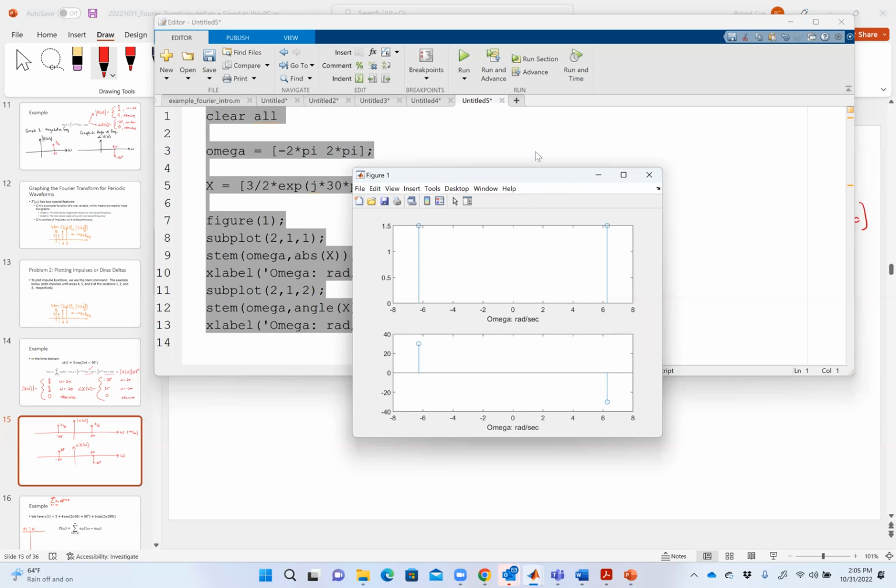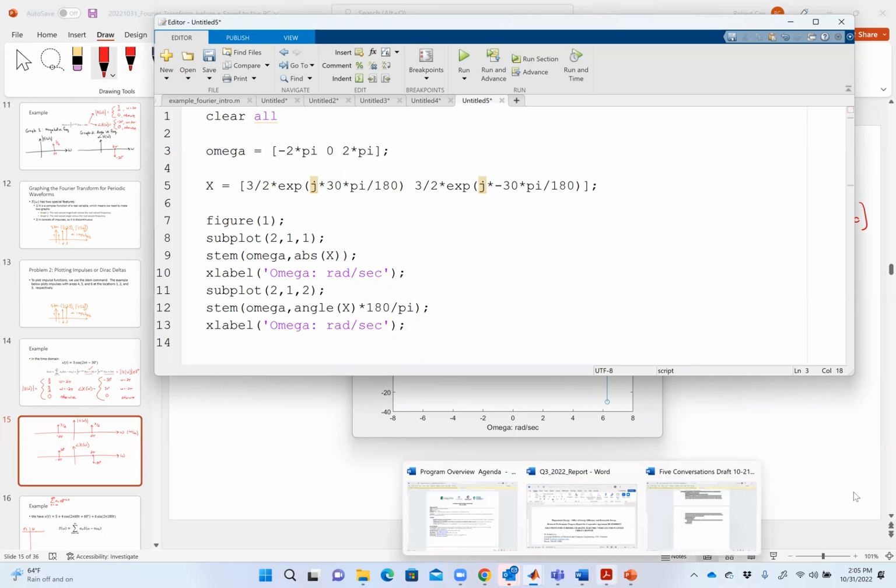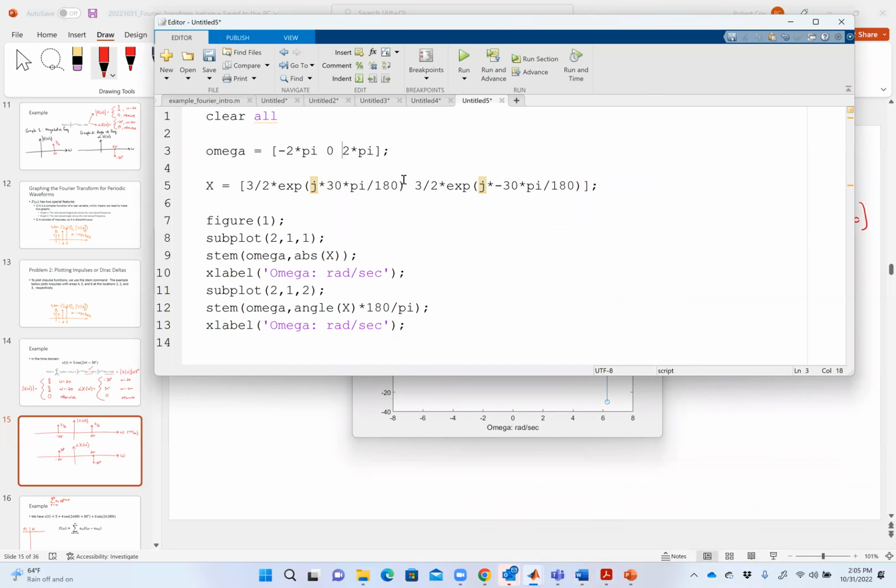Now, in the homework, you're going to have stuff where, and this is maybe where you were going with this, I might ask you to also include the fact that there could be a DC term. So if that was the case, I would put a 0 in the middle of that, to say at omega equal to 0, there's nothing.